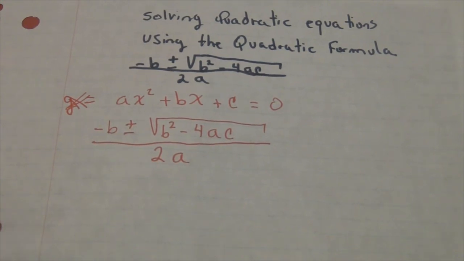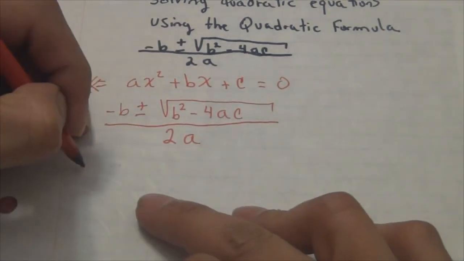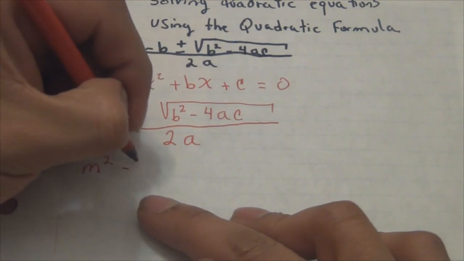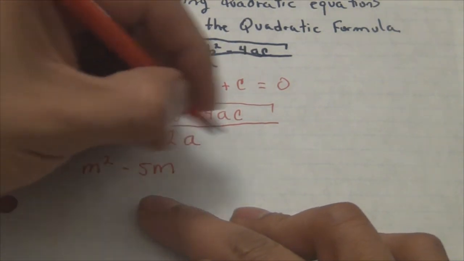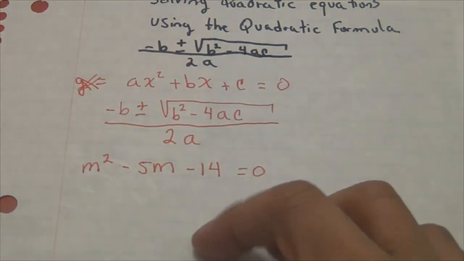Let us take an equation that is easily factorable. Let's try the equation m to the second power minus 5m minus 14, equaling 0.